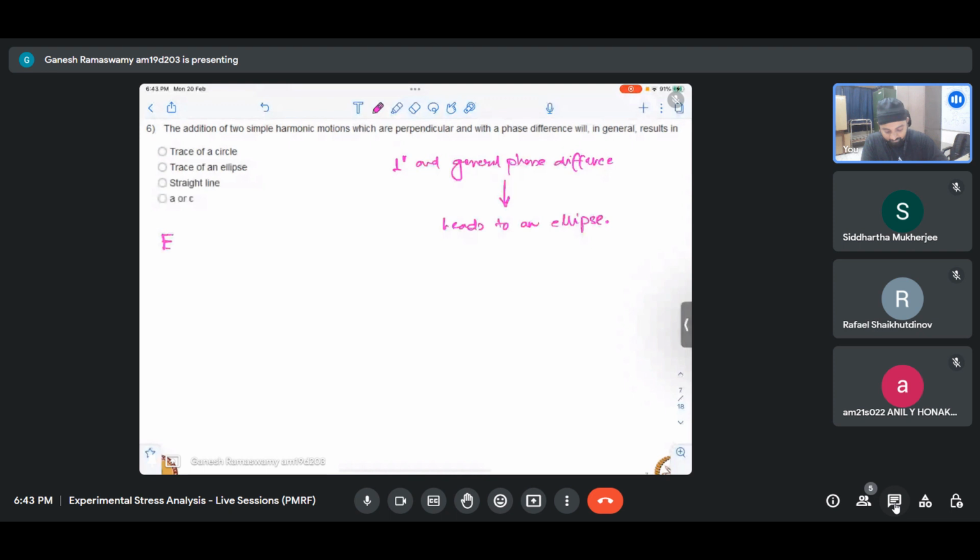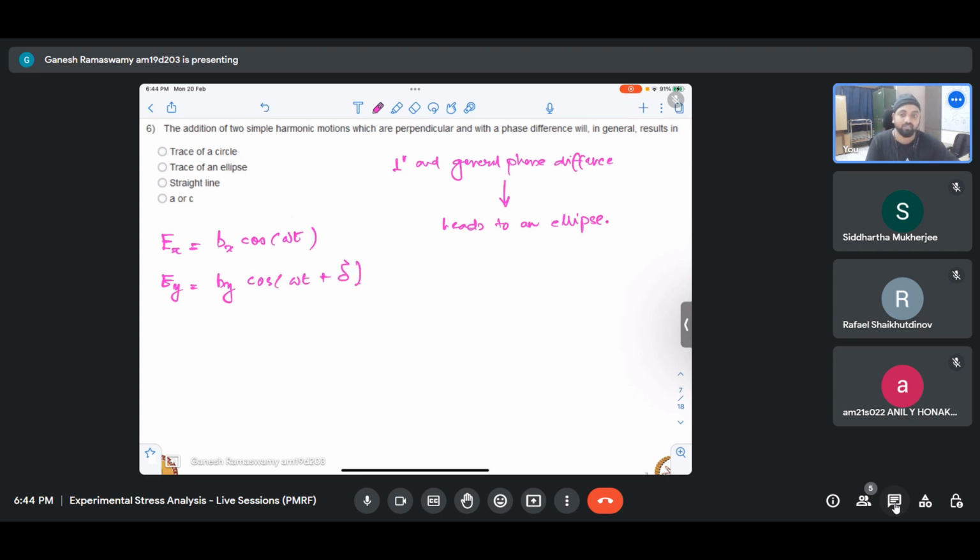This is also shown in the lecture. Because we have already qualified the two to be perpendicular, if we take the coordinate axes themselves, we can take Ex as Bx sine or cos, however you want to put it, omega t, and Ey as By cos omega t plus some delta.